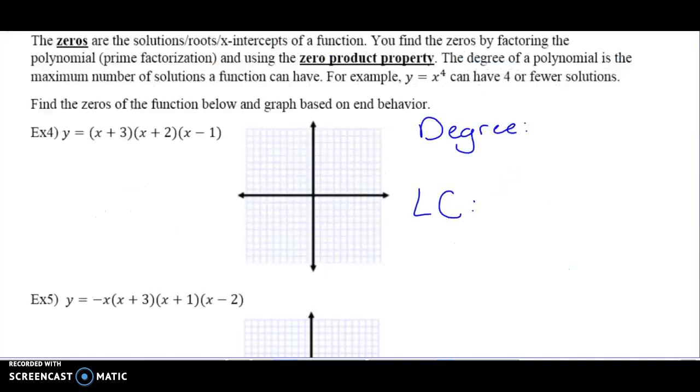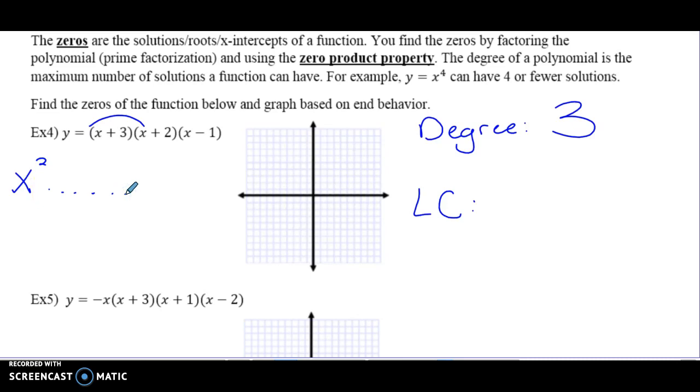What is the degree of number 4? Remember, in order to see the degree, it has to be in standard form. It would be 3. Can everyone see why it's 3? If it were FOILed out, in other words, if I multiply these, I get an x squared and then combine like terms.